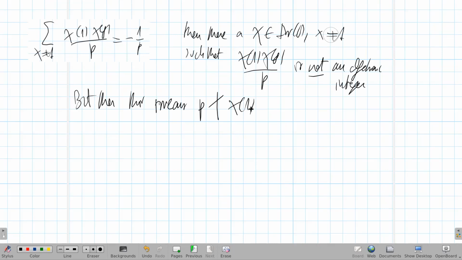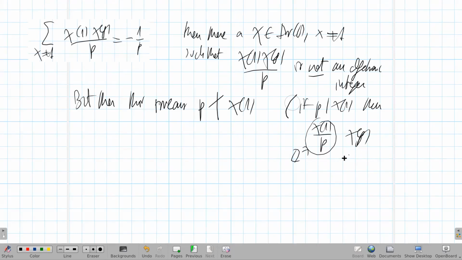The reason is trivial, but let's write it. If p divides chi 1, then this can be written as an integer times chi G, which is an algebraic integer. And so this is an algebraic integer.